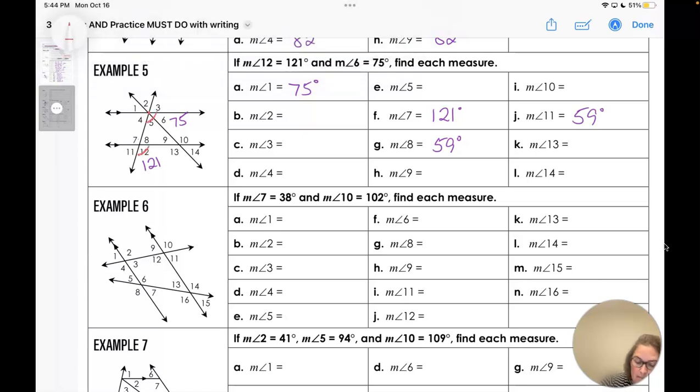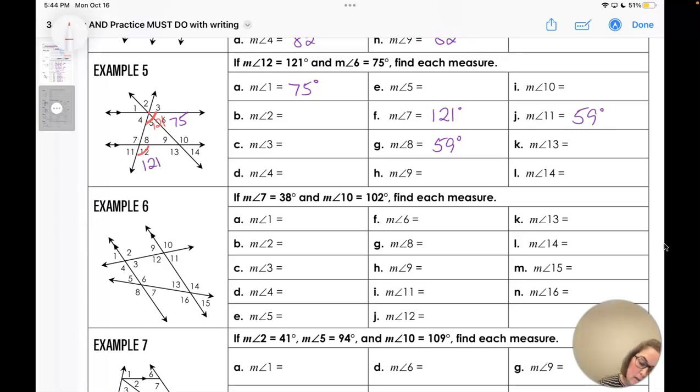See this? There's 12 and this one corresponds, but that goes over 5 and 6 together. So this whole thing would be 121. So just angle 5, I'm going to have to subtract the 75 and see what that's going to be.